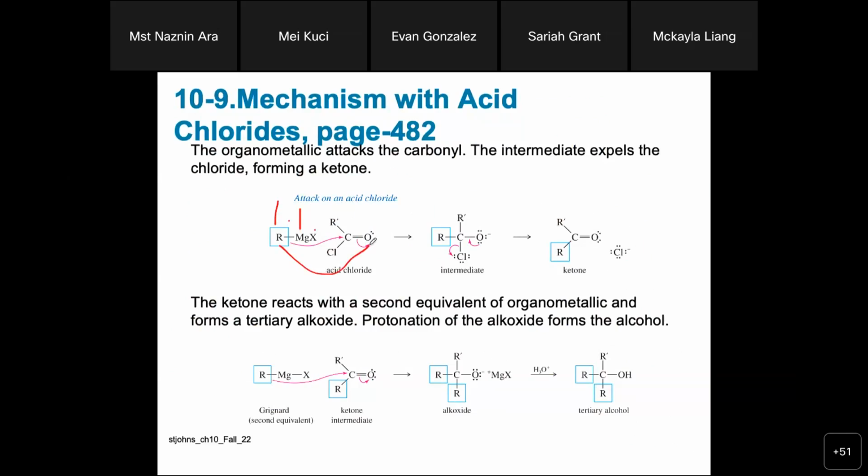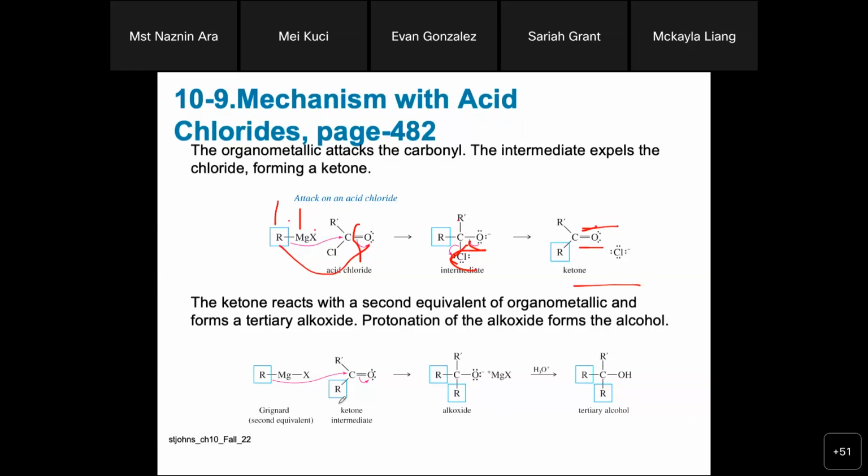It will go here, this bond will break, and the R will come here. Then the charge will be transferred, a new bond forms, and this will be eliminated. That's called expel. Somewhere you will see that word. This is eliminated, leaving the ketone.